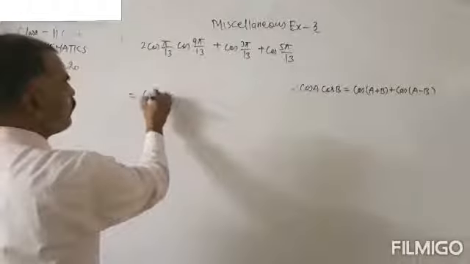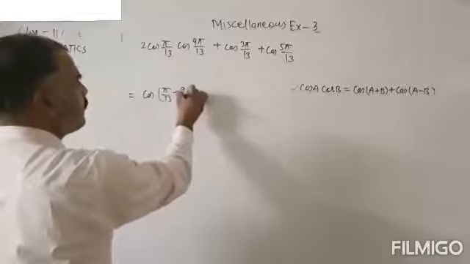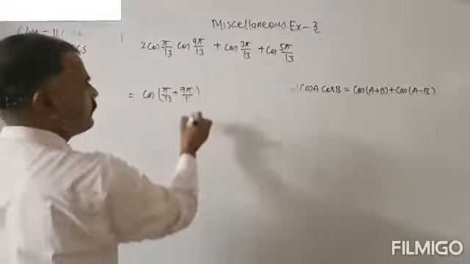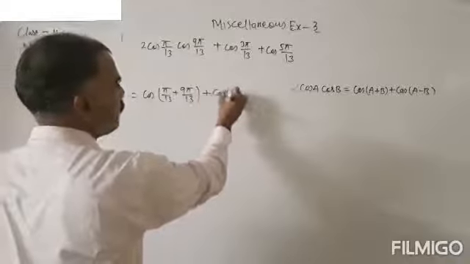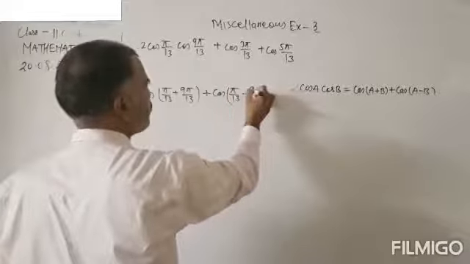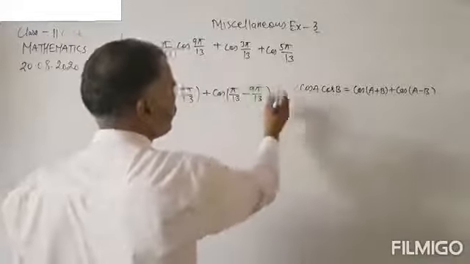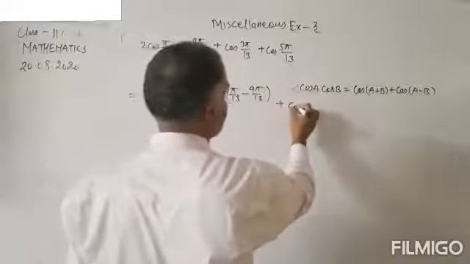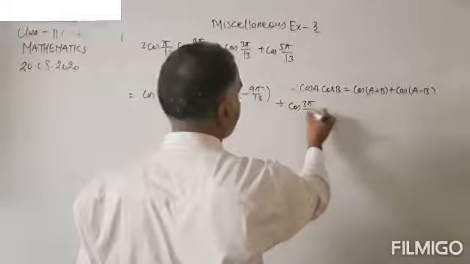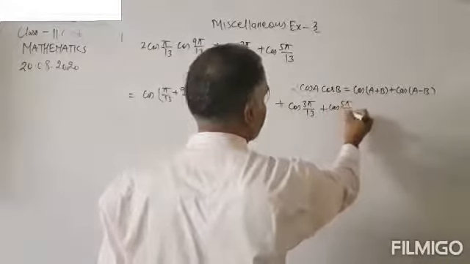So cos of A plus B, pi by 13 plus 9 pi by 13, plus cos of A minus B, that is pi by 13 minus 9 pi by 13. And then plus cos 3 pi by 13 plus cos 5 pi by 13.